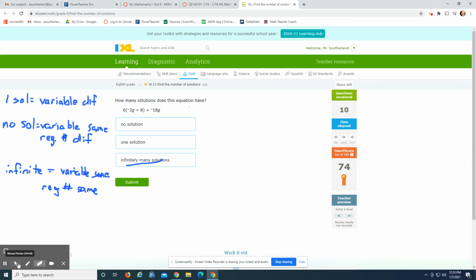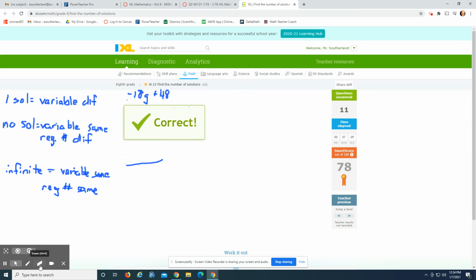So here's what I know. 6 times -3 is -18. The g comes with it. 6 times 8 is 48. Well, -18g and -18g are the same, so it has to be infinite or no solutions, because there's plus 48 and then there's nothing here.